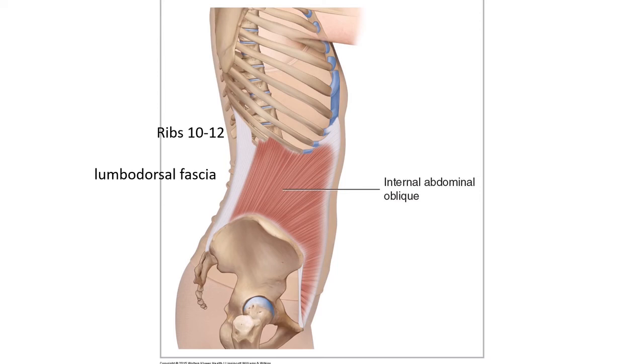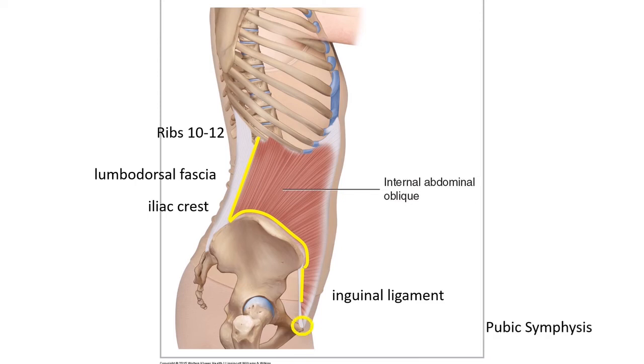Then, as it comes to the iliac crest, it is attached to the iliac crest, and then as the iliac crest finishes anteriorly, it is going to take origin from the inguinal ligament, the reflected lower part of the external oblique, and then the pubic symphysis.